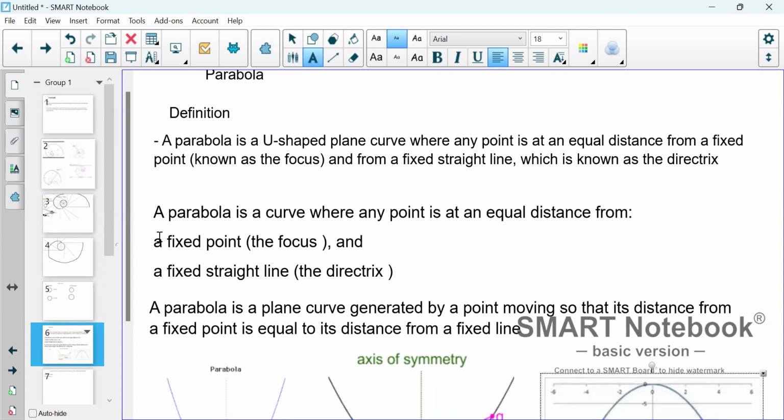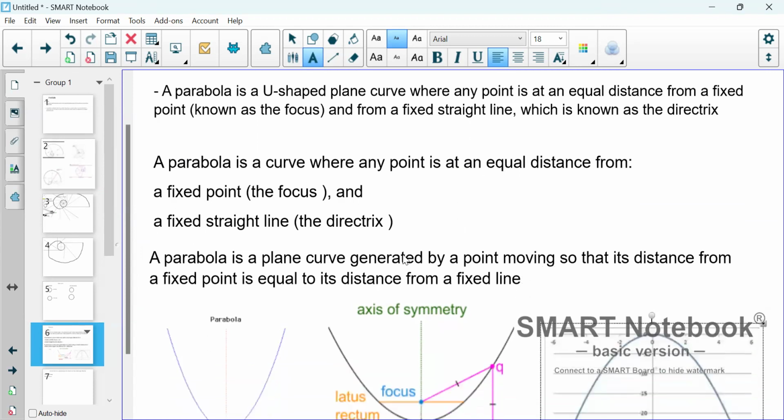Another definition says that a parabola is a curve where any point is at an equal distance from a fixed point and a fixed straight line. So this is basically saying the same thing that the first definition is saying, right? So the curve where any point on the curve is at an equal distance from the focus or the directrix.